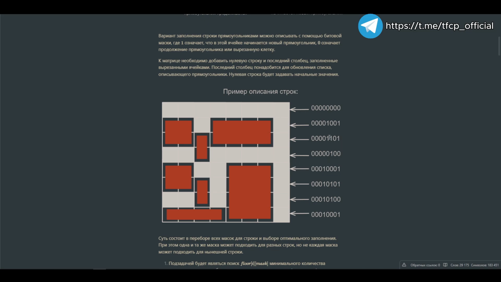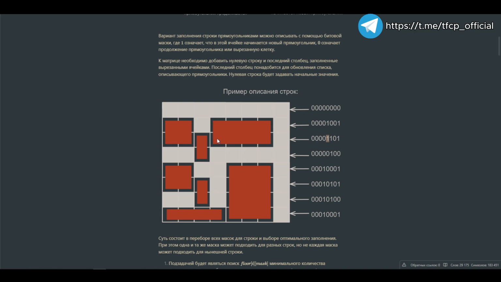Let's consider this cell. So what does this one mean? It means that in this row, specifically in the cell with index 0, a rectangle begins, and then we have the following. It means that a rectangle is also starting here, and one more one, the third.